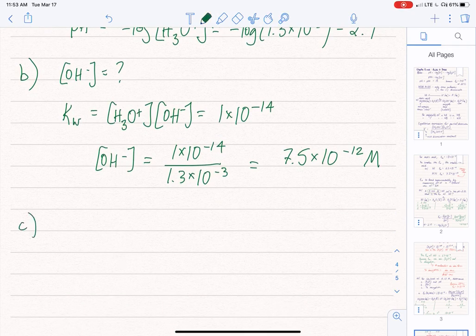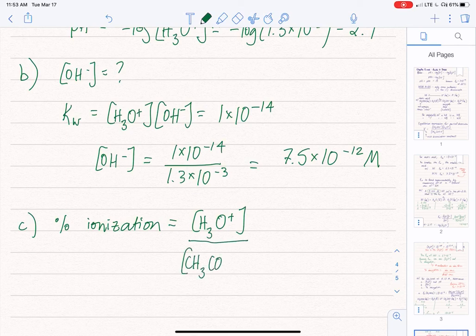So we can do the same assumption to figure out the percent ionization. So for percent ionization, you want to look at the ion concentration. You could take either hydronium or acetate. It doesn't matter. I'm just going to take hydronium over the total concentration of acetic acid at equilibrium.